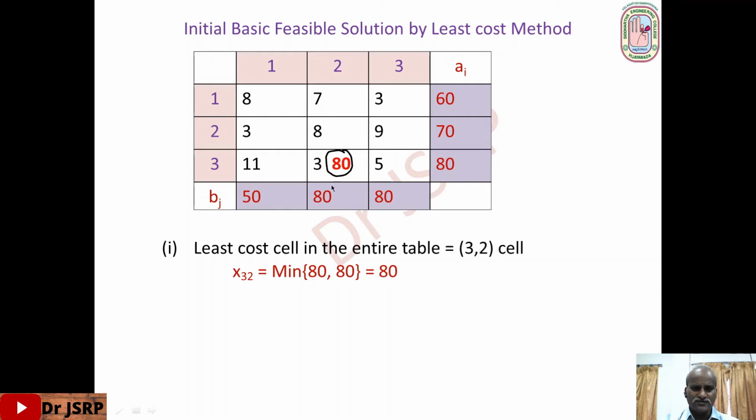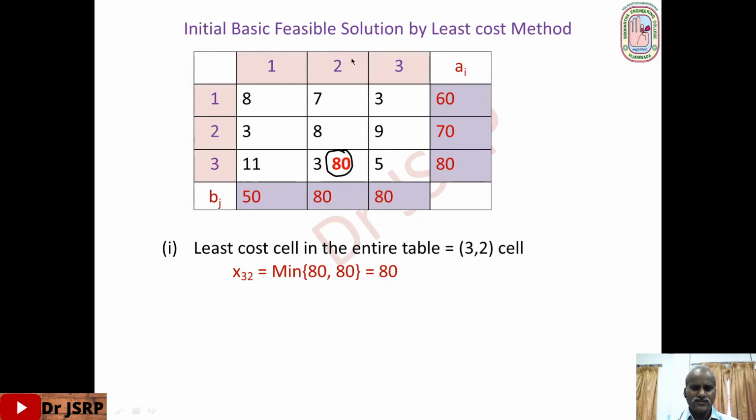Okay, right. So what does it mean? From the third origin to the second destination, the number of units to be transported is the minimum of the corresponding available amount and the corresponding required amount. Both are the same, so the minimum value is 80. That means all the available amount at the third origin is transported to the second destination.